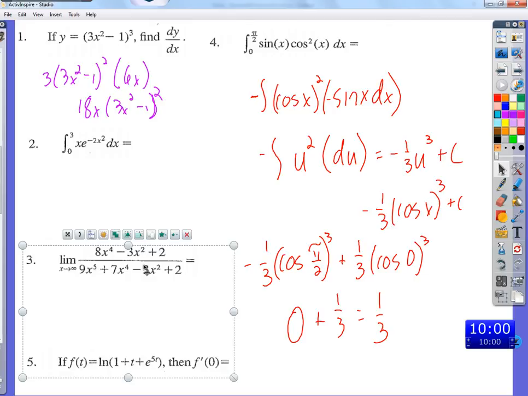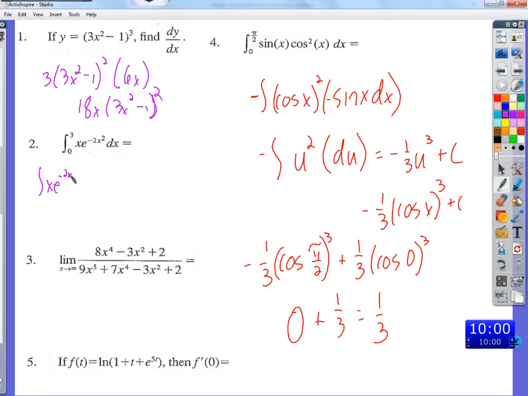What's the definite integral? Okay, so if we're going to take the antiderivative of x e to the negative 2x squared dx, do we have to use the product rule with the x in front like that? The product rule would be if we're taking the derivative; we're taking the antiderivative. Use substitution, and u is negative 2x squared. du equals negative 4x dx. So we get x dx, so we need that negative 4 and a negative 1/4 out in front.